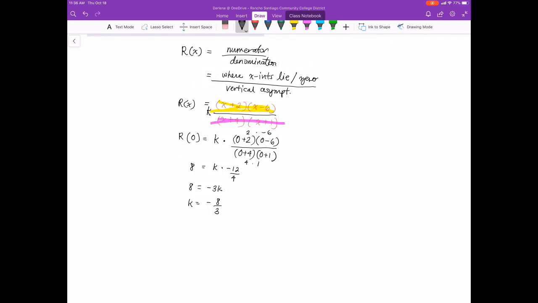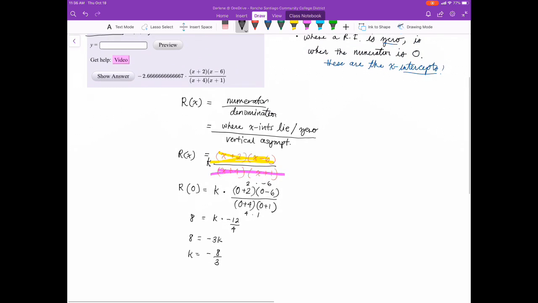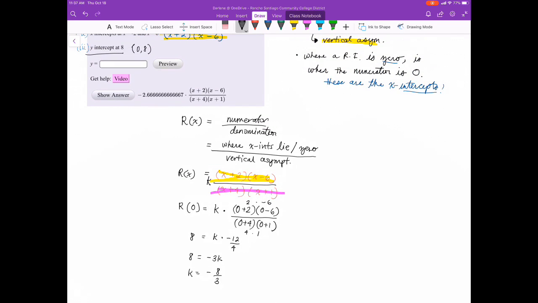So this actually has a vertical compression by a negative factor of 8/3. Writing this all together, we get r of x is equal to negative 8/3 times x plus 2, x minus 6, all over x plus 4 and x plus 1.